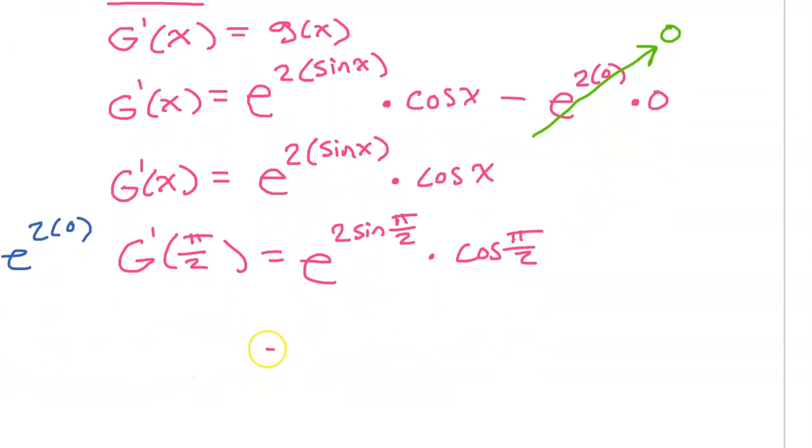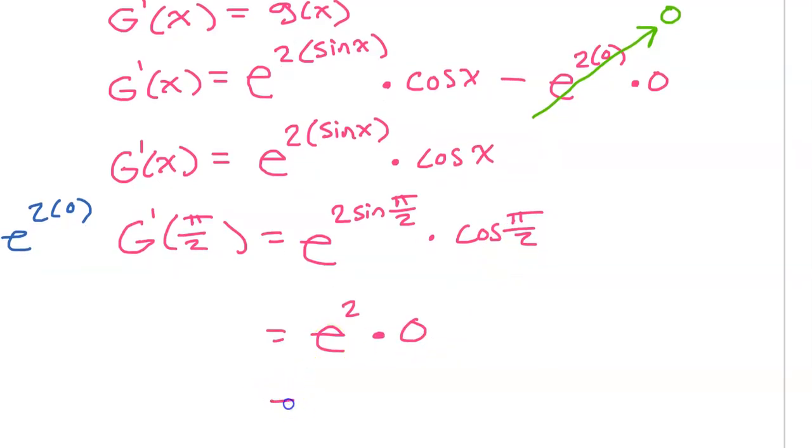But check this out. Sine of pi over 2 is 1. So fine, we have 2 times 1, which is just 2. However, cosine of pi over 2 is 0. So that's going to wipe this out, and the whole derivative, the slope, is 0.